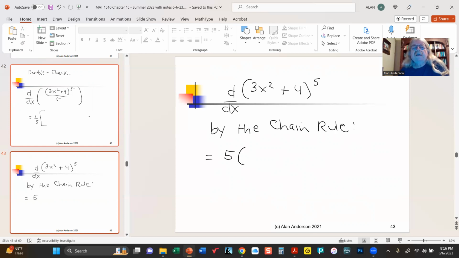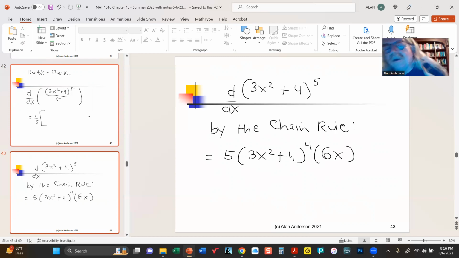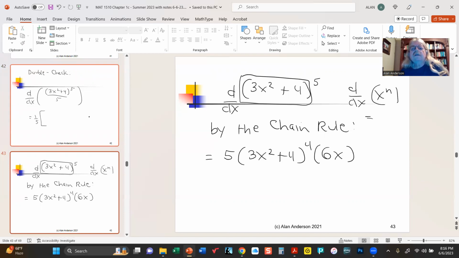Five, 3x squared plus 4 to the 4th power times 6x. Now, how did I get all that? Because I'm treating this as a single term. The derivative, as you know, of x to the n is nx to the n minus 1. And that's what's happened here.